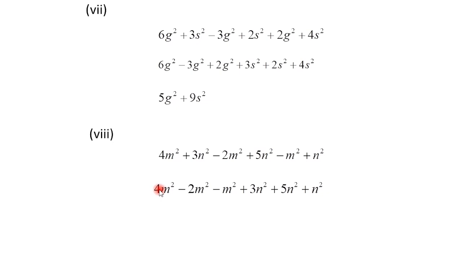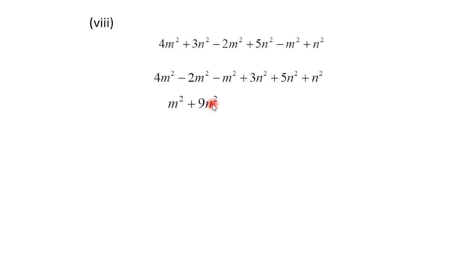And now if you deal with the m squared first, you go 4 minus 2 is 2 minus 1, you're left with m squared. 3n squared plus 5n squared plus 1n squared gives you 9n squared. And there you are. m squared plus 9n squared is the answer of simplification of this.